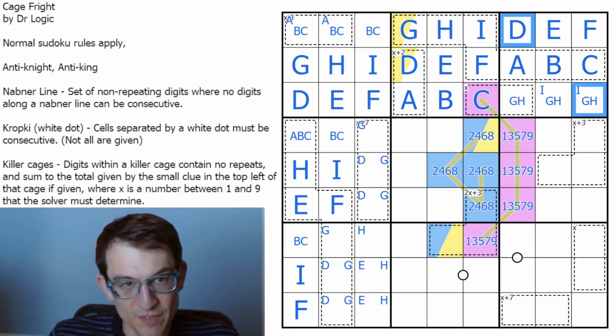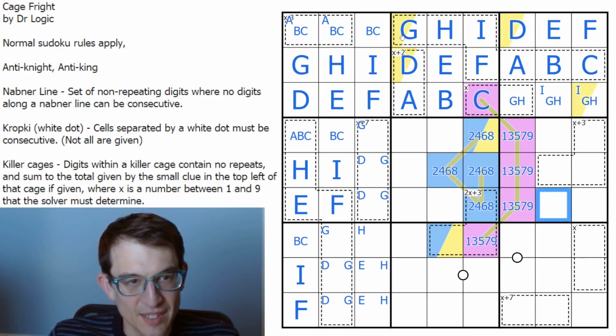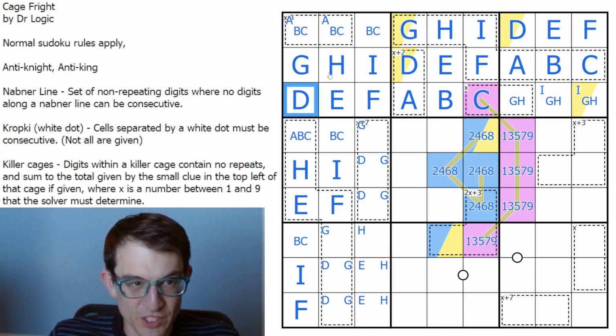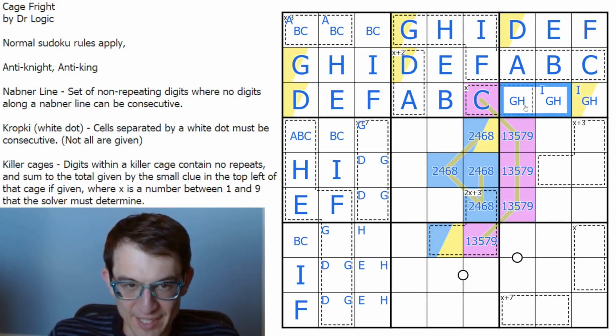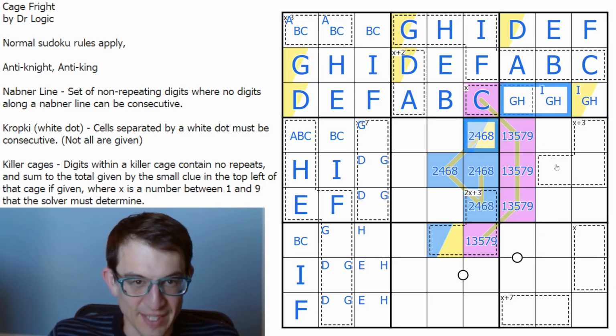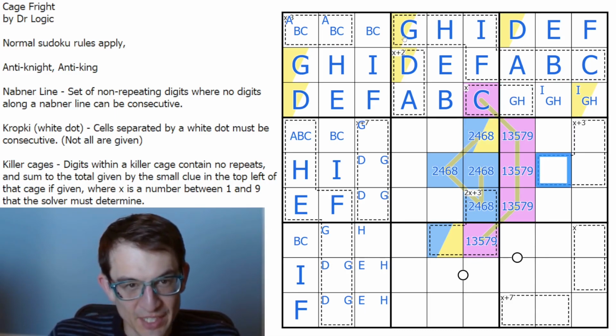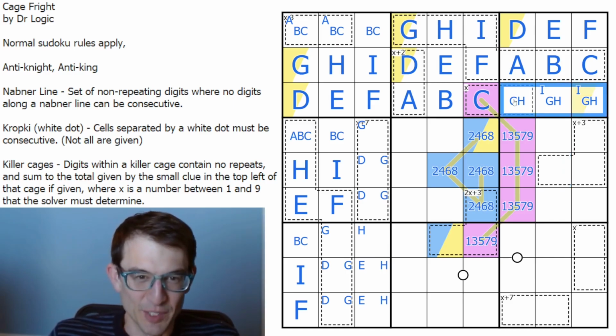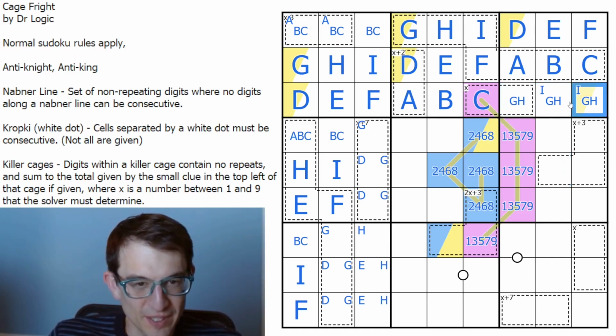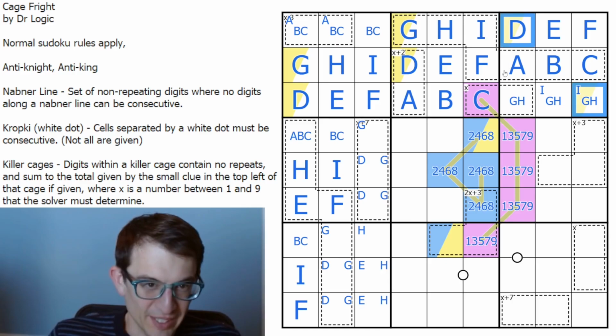Oh, okay, so one of these is yellow. If yellow is D, it's here. If yellow is G, it's here. One of these is yellow. So why can't these be yellow? Because of anti-king, anti-knight. So yellow is either G, which could be any of these, but yellow specifically will be here or here.